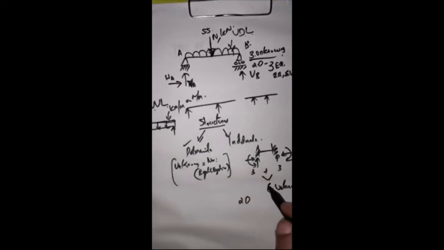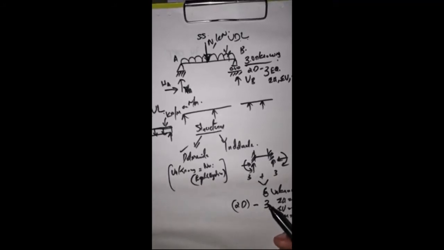But in the case of a 2D frame, the possible equilibrium equations are only 3: sigma H is equal to 0, sigma V is equal to 0, and sigma M is equal to 0. So we have 6 unknowns but only 3 equations. Therefore 3 are extra. Only 3 unknowns we can find out.